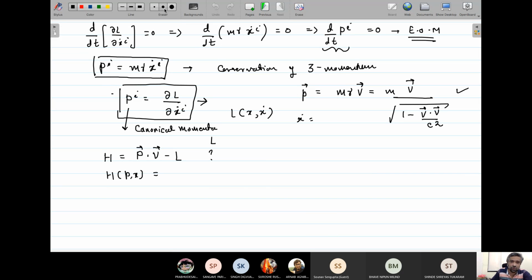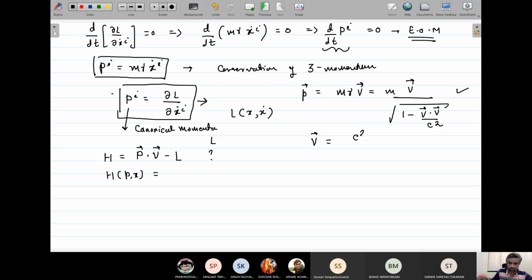It is useful to note that through this relation you can show that gamma, which is basically this factor 1 over square root of 1 minus v square upon c square, can be written in terms of p.